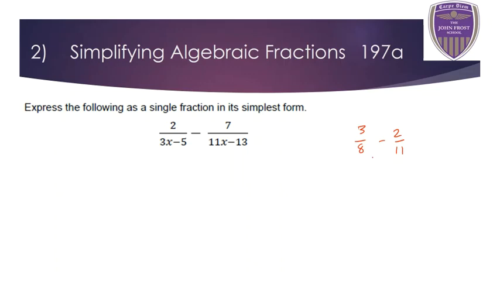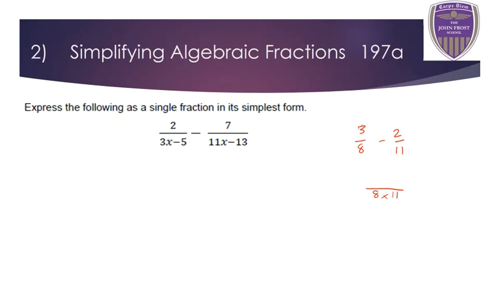As we're subtracting fractions, we would need a common denominator. So we would find something that 8 and 11 go into. In this case, it's 88, so 8 times 11, giving us 88. On the bottom of our fraction, we would have 8 times 11 to give us our 88.